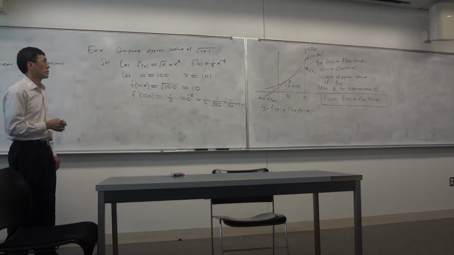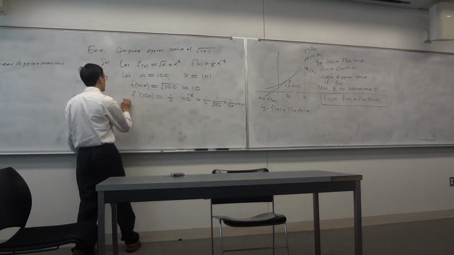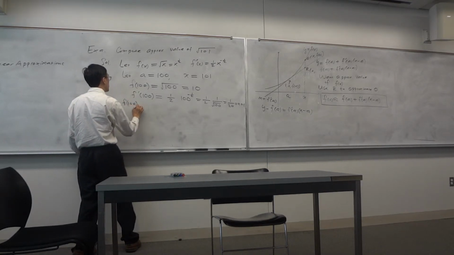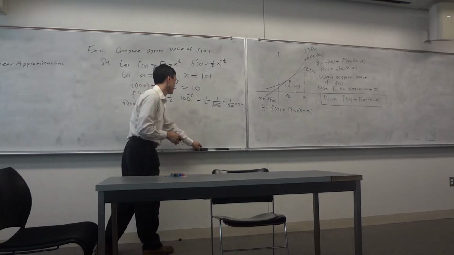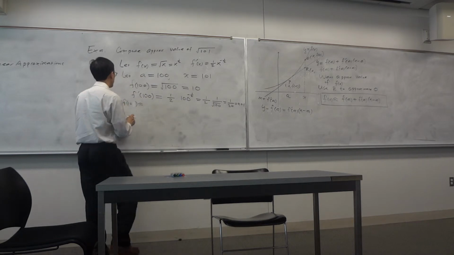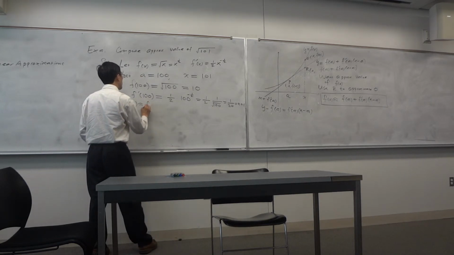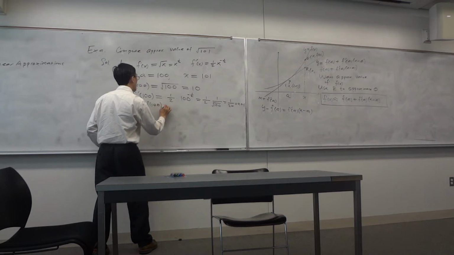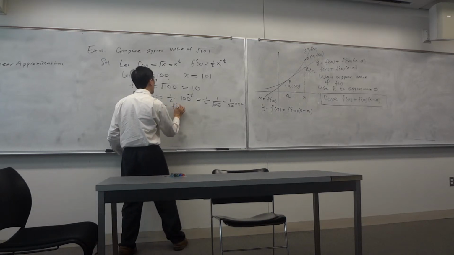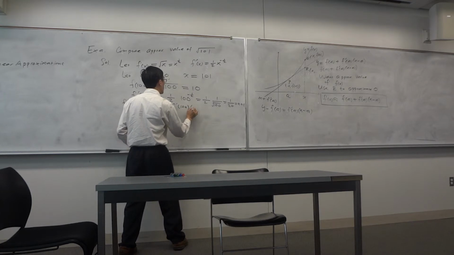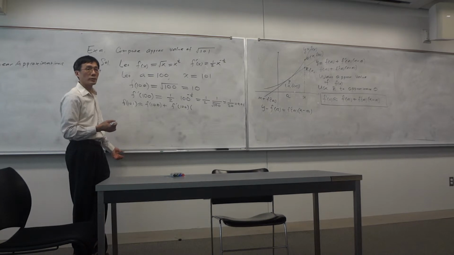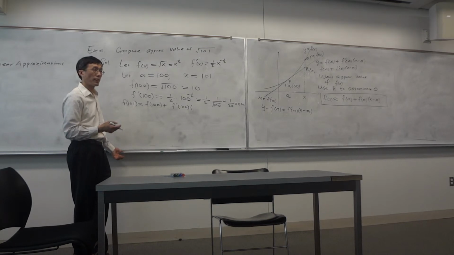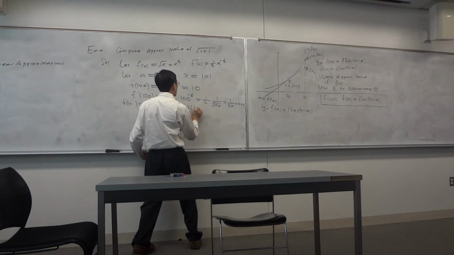So now I can apply the formula. f(101) is approximately equal to f(100) plus f'(100) times (x minus a). What's x minus a equal to? That's just equal to 1. I can write 101 minus 100, but it's going to be 1.